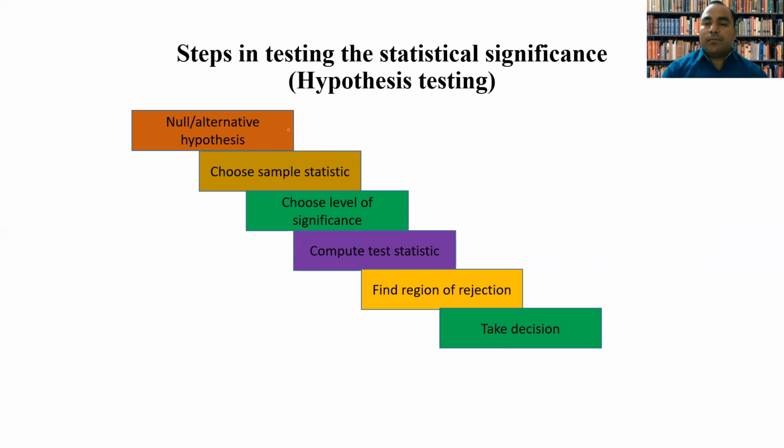At the beginning of the analysis, we need to create the statement of the null hypothesis and alternative hypothesis with help of your objective. Then you choose the sample statistics, then you choose the level of significance. What is the level of significance? In a coming video, I'll explain it. Then we compute the statistics, then we find the region of rejection.